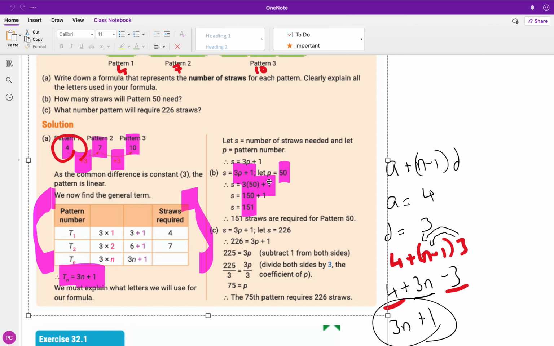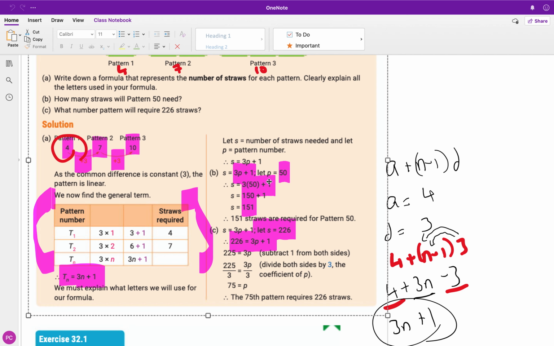151. And for C, what number pattern will require 226 straws? In this case, they're using S's and P's. They're letting S equal 226. So you have 226 is 3p plus 1. Then we work out what p is.